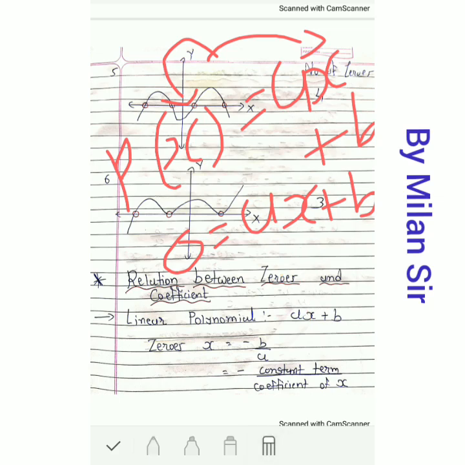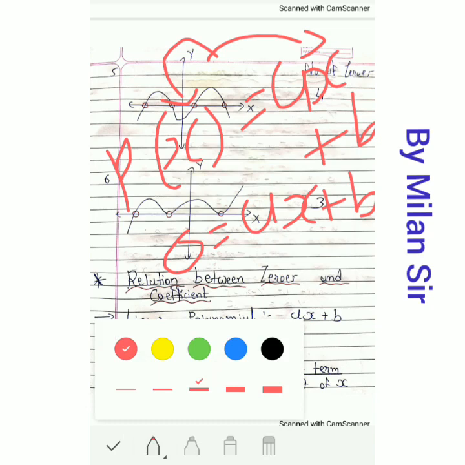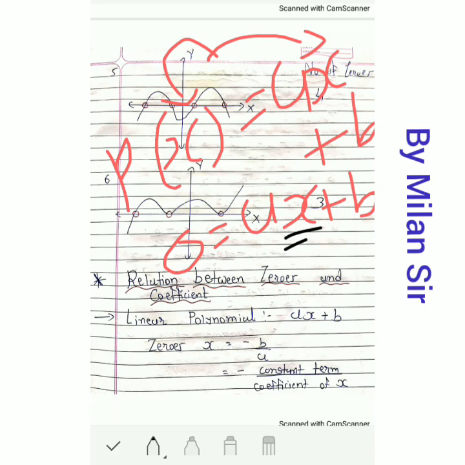Now find x from here. Transfer b to the left hand side. So plus b comes to the left hand side and becomes minus b is equal to ax. Now ax means multiplication between a and x.